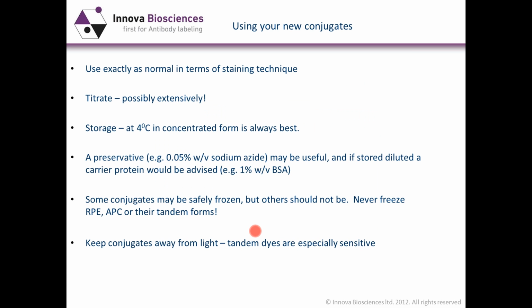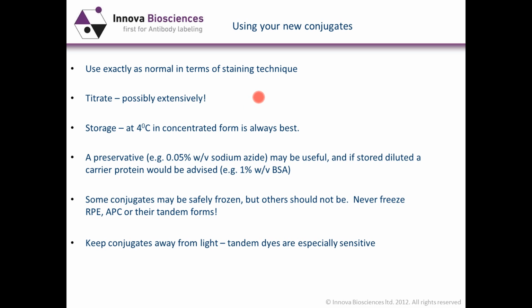So once you've made your new conjugates, there are a number of things to consider. Basically, you will use them exactly as you would with a normal staining technique. One of the things, though, to be aware of is that you need to titrate the conjugates and possibly quite extensively in your assay system. If you remember, you will have conjugated your antibody at around about 1 milligram per mil.